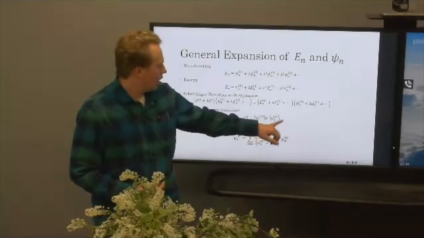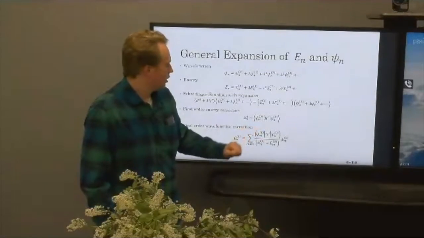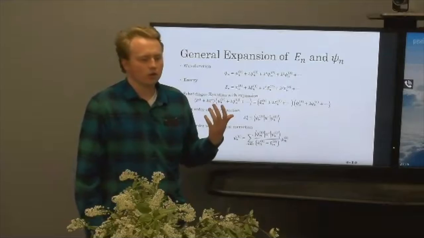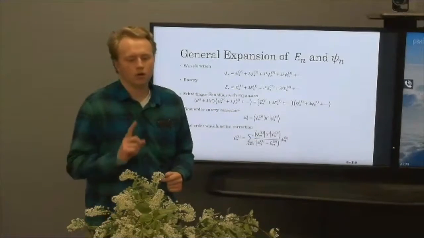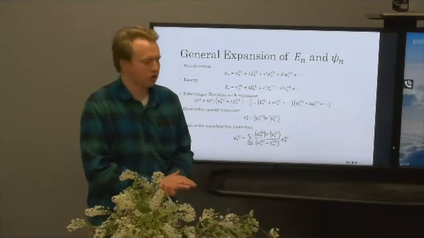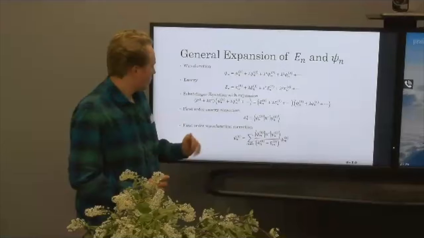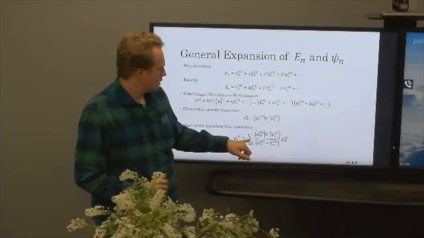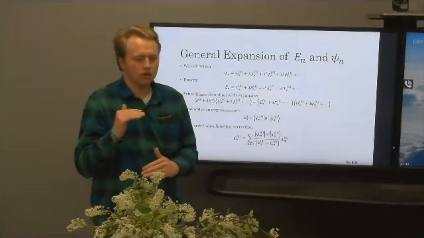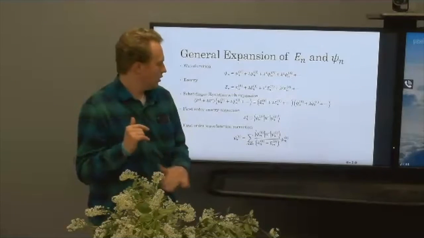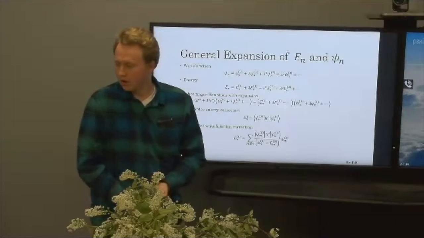But for the first order correction for energy, it is just the expectation value of the unperturbed wave functions, where your Hamiltonian is your perturbation, and then the correction for your wave function is a similar term divided by the difference in the energy of the m and n state times your unperturbed wave function.